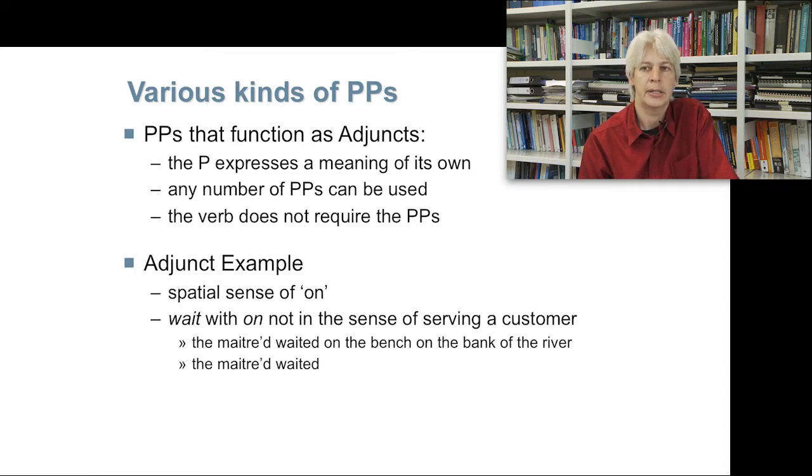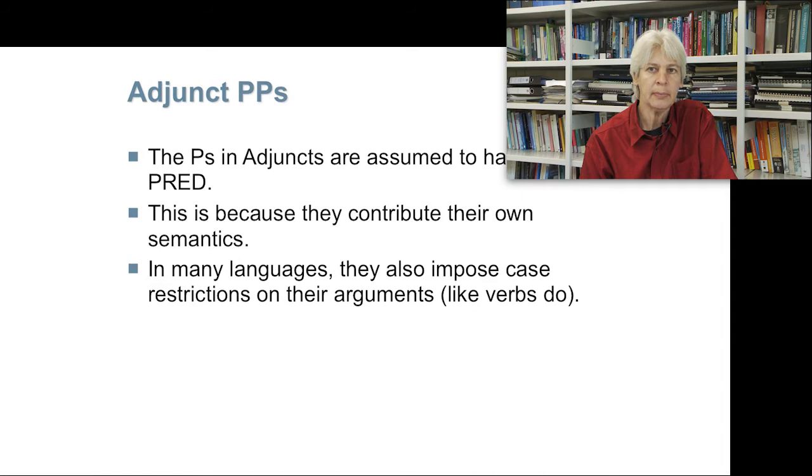Wait with "on" not in the sense of serving a customer, so the maitre d' waited on the bench on the bank of the river. On something else, you could keep going. You can have as many as you like. Okay, and these are really spatial things. So he wasn't serving, he was really waiting somewhere on the bench, which was on the bank of the river. And you can just use it without, okay? So that concludes that.